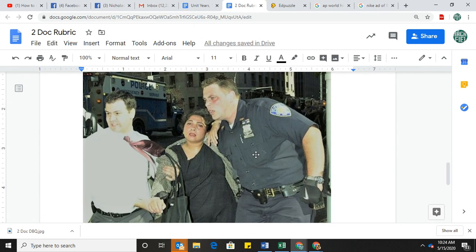But I want you to write basically one or two sentences when you source, and I want you to go through and HIPP the whole source, because there's a chance you might get the historical context wrong but get the purpose of the document correct. If you do that two times, you'll get two points if you do it correctly about a document.